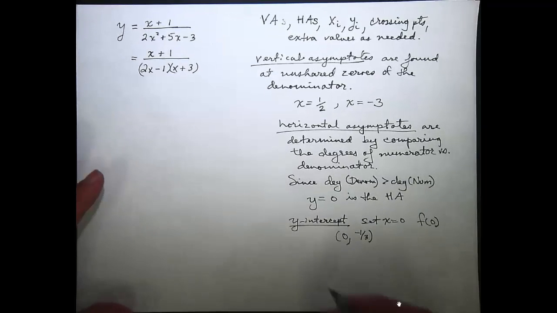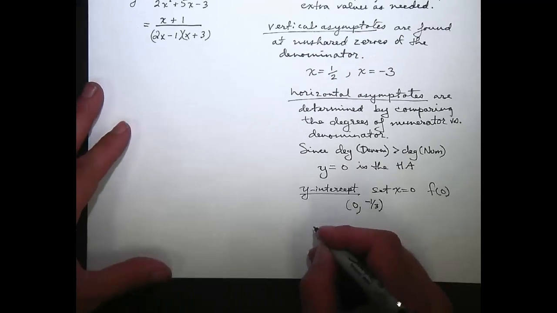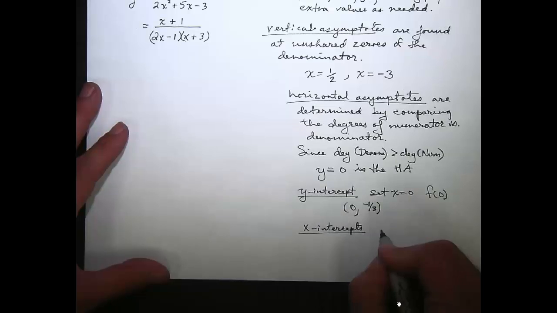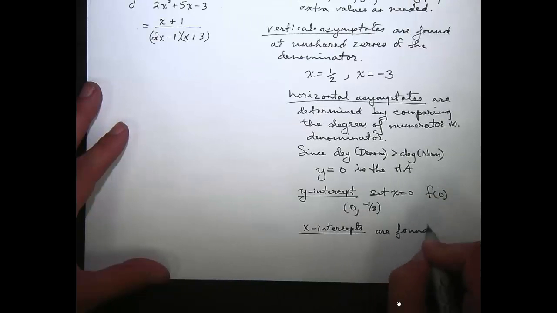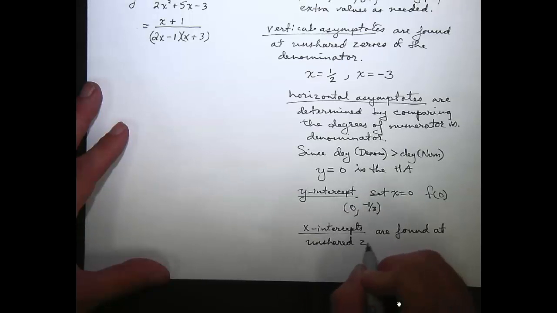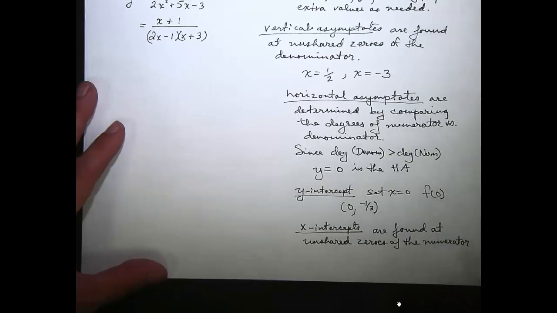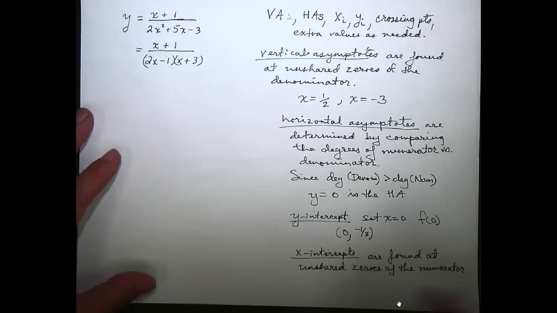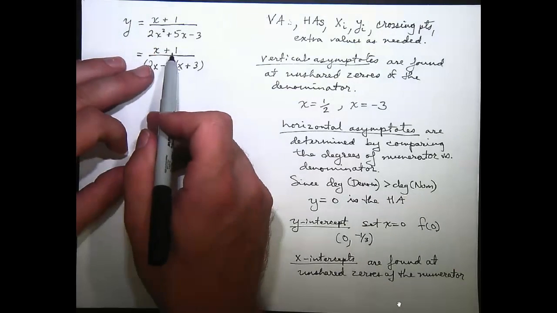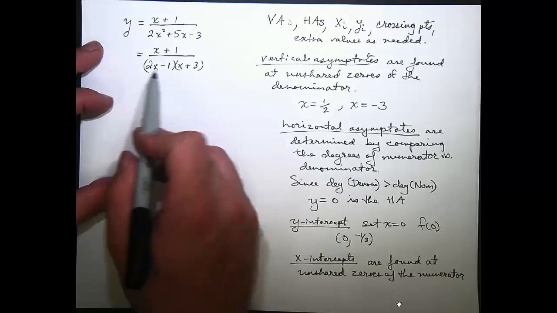Now, to find x-intercepts, x-intercepts are found at unshared zeros of the numerator. What do I mean by unshared? I mean if there's an x plus 1 on the top, there's not also an x plus 1 on the bottom.